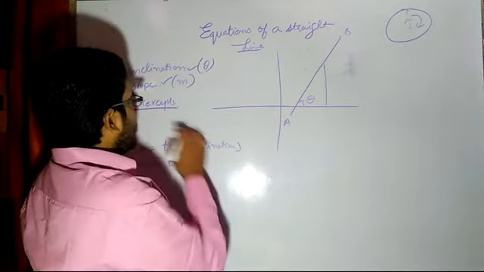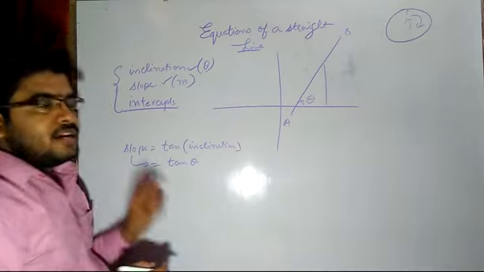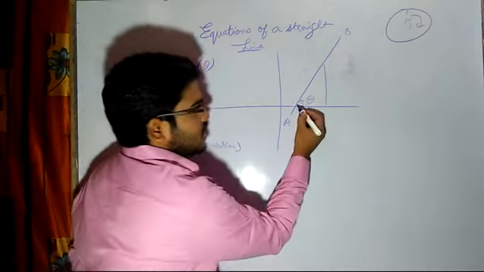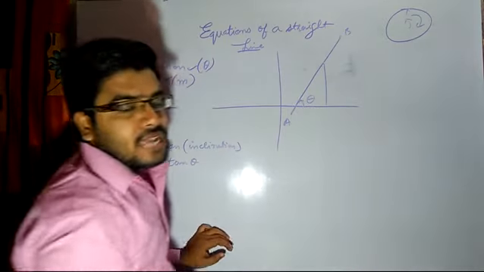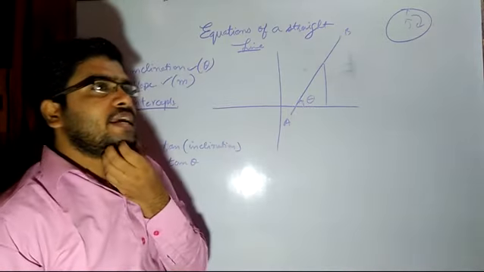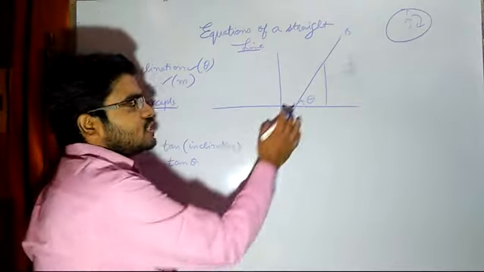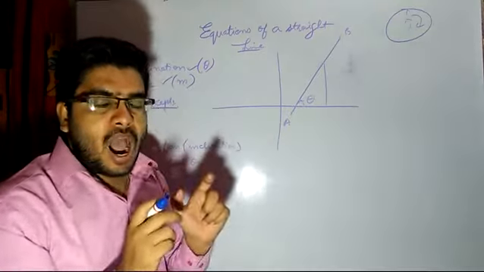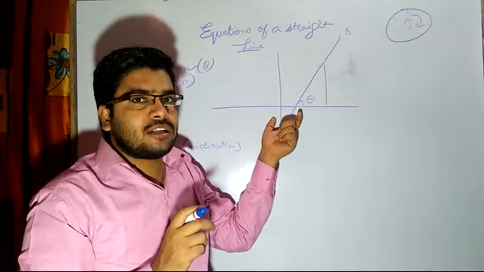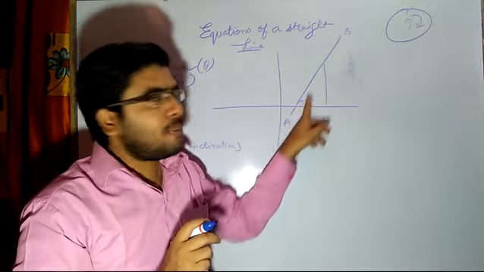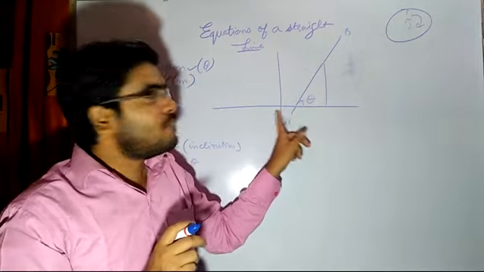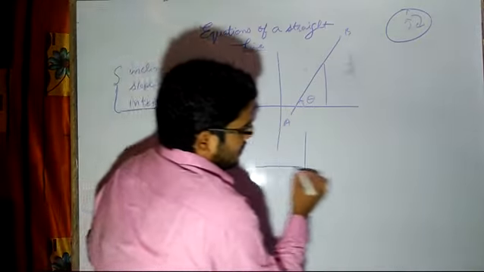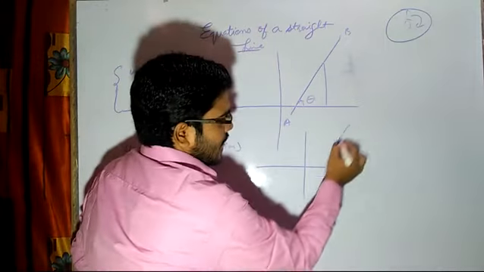Now what is the meaning of intercepts? There are two types of intercepts: x-intercept and y-intercept. The part that is cut by a line from the origin is called intercept. Suppose I have another coordinate system, and one line is like this.